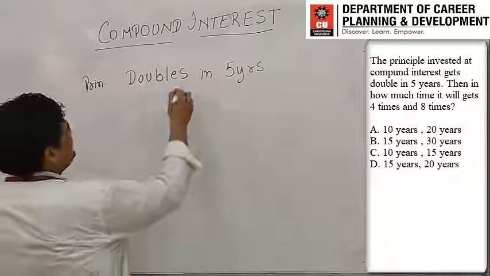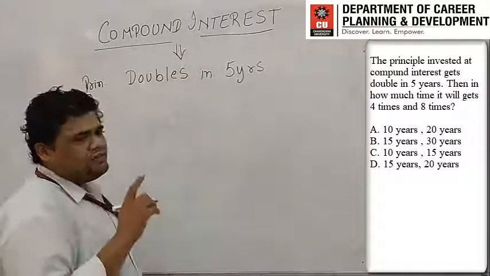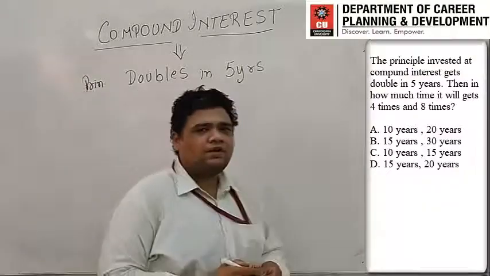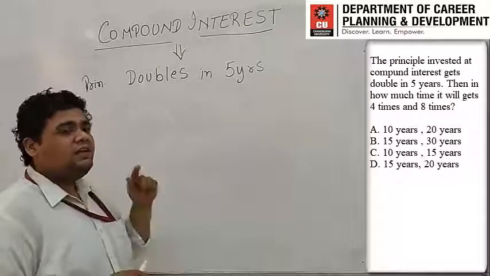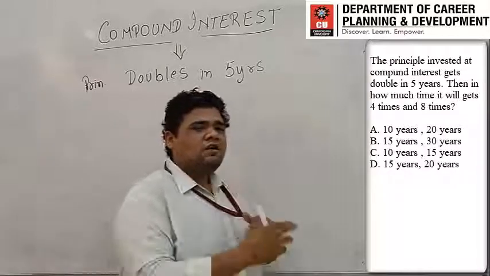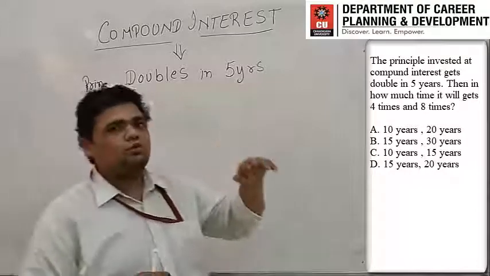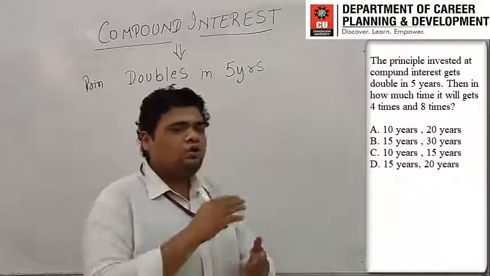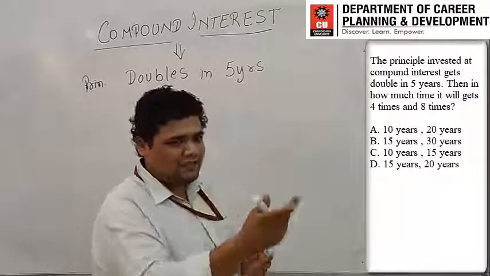So this is the next concept which we have to use in case of compound interest. We just have to remember, in case of compound interest, if it is given that it is doubling in 5 years, then the question will always be asked in powers. Like if it doubles, then 2 to the power 2, that is 4 times, 2 to the power 3, that is 8 times, 2 to the power 4, that is 16 times.